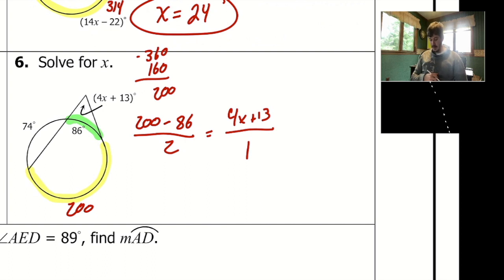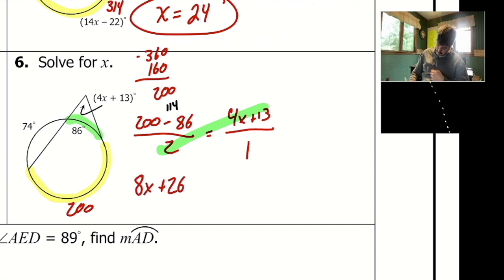So 200 minus 86, I'm going to do that. This is 114. And then we're going to cross multiply this as well. So we get 8x plus 26 equals that 200 minus 86, which we just said was 114. And then solve for x.